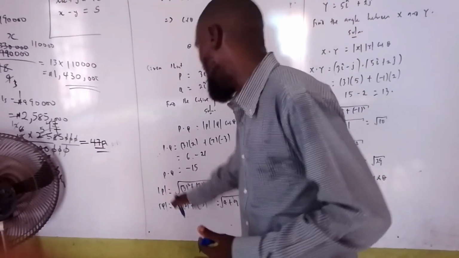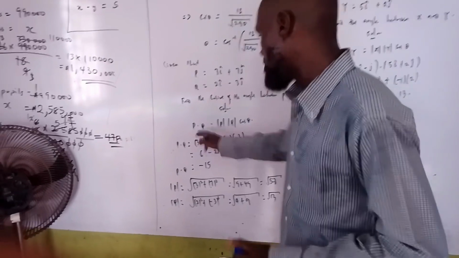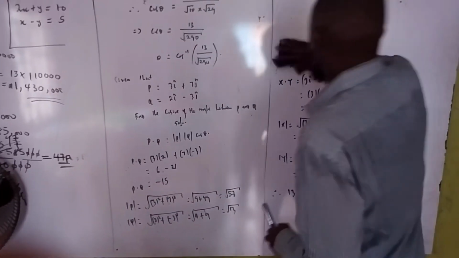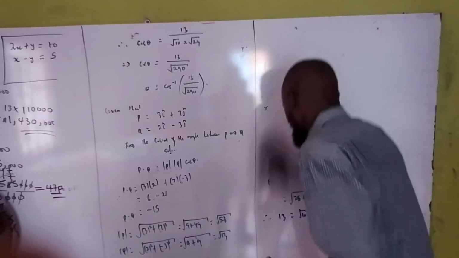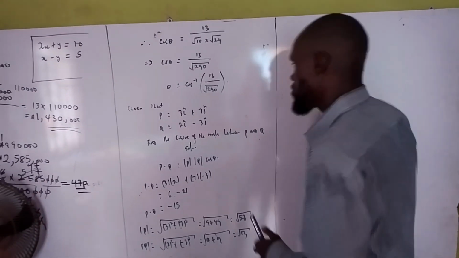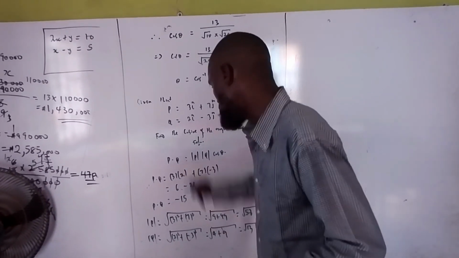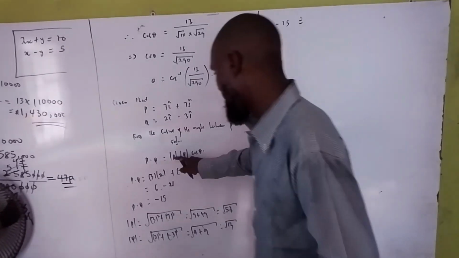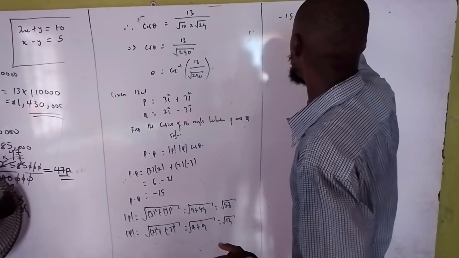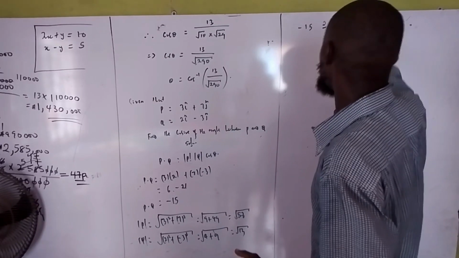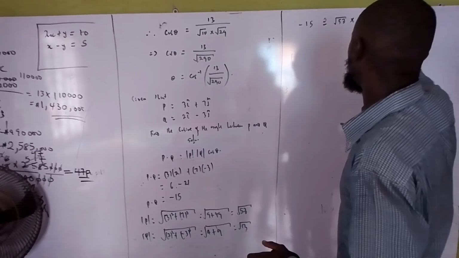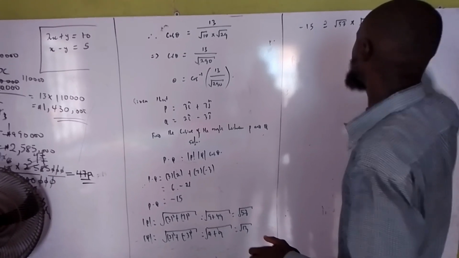Once you get the two like this, we will just substitute here, so that we have our P dot Q, minus 15, equal to the magnitude of P, square root of 58, multiplied by the magnitude of Q, square root of 13, multiplied by cos theta.